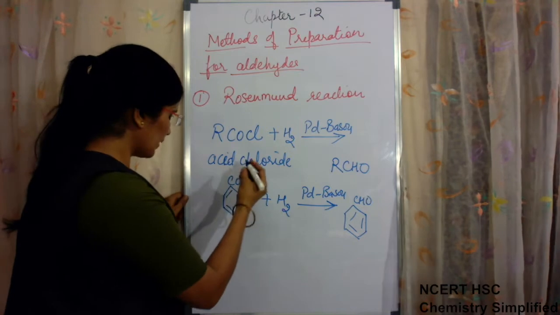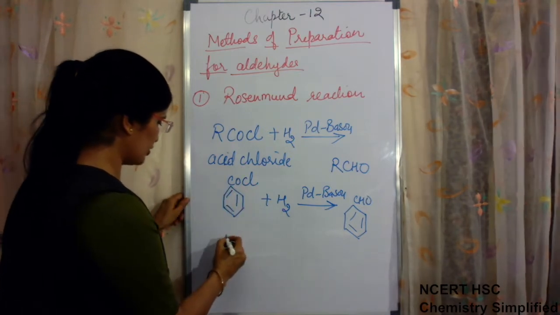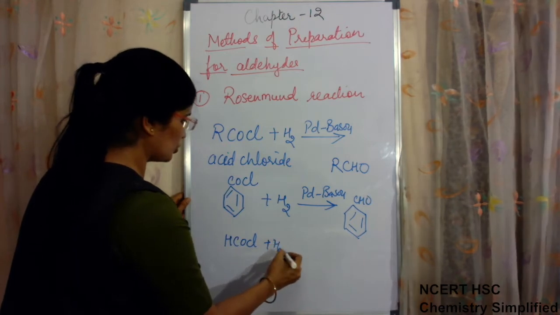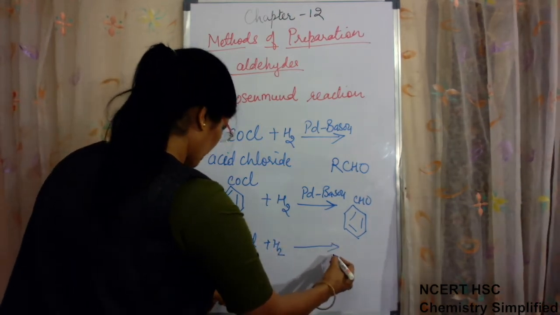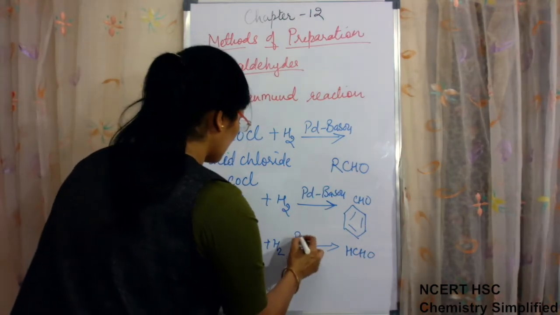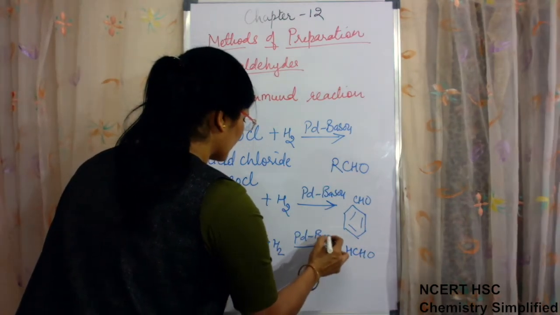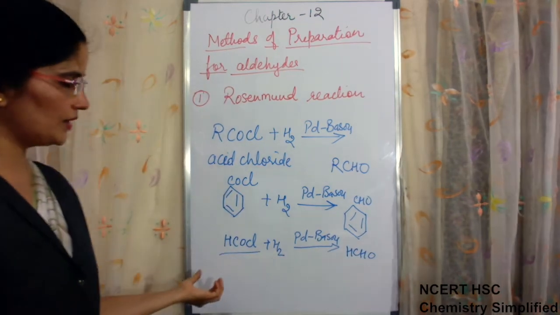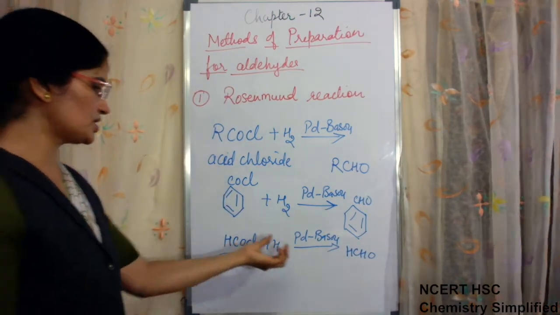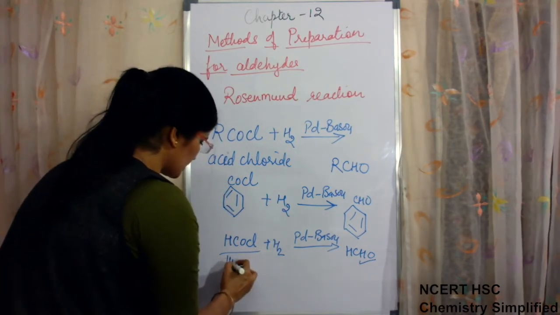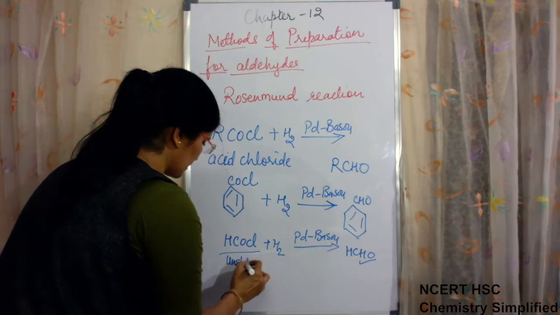Now, by this reaction, if we use HCOCl, what should be formed? HCHO by the same reaction conditions. HCOCl cannot be used in this reaction to form formaldehyde because HCOCl is unstable.